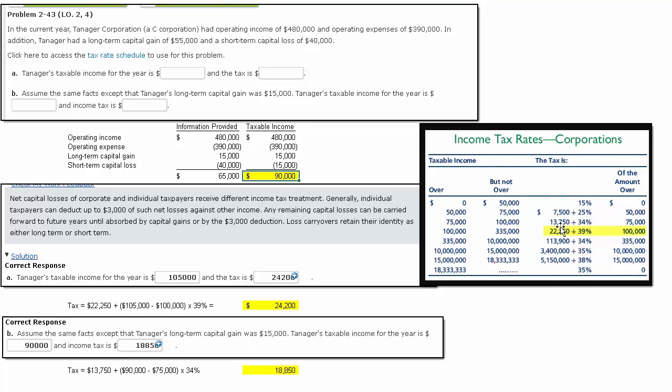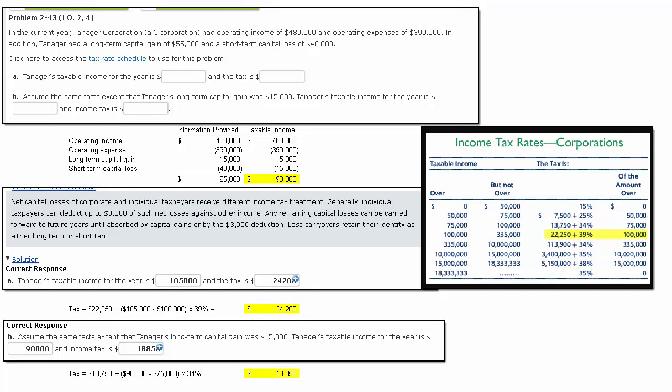Now this time we'd be right above the highlighted line. $13,750 plus 34% times the amount over $75,000. And I should probably format that the same way, but let me do that. Okay, the screen probably moved a little bit, but anyway, you can see that becomes $18,050, and how I calculated that was the $13,750 taken from the tax table plus 34% times the $90,000 minus the $75,000.